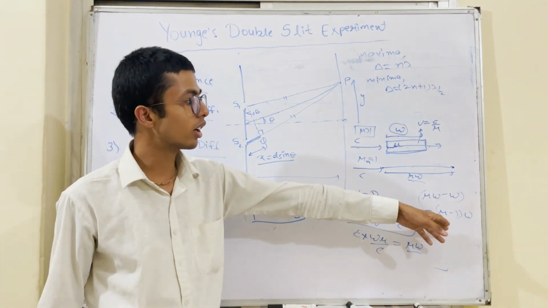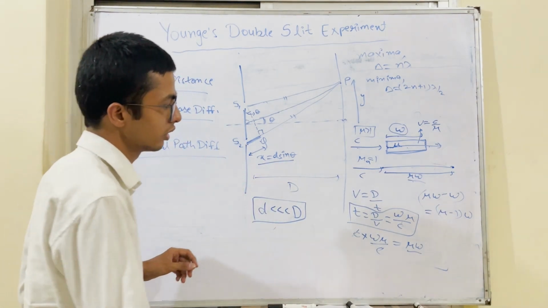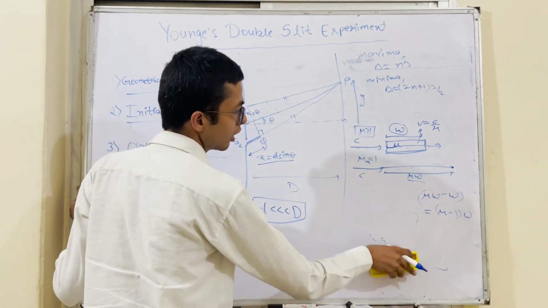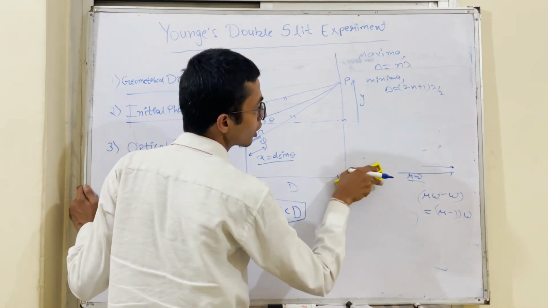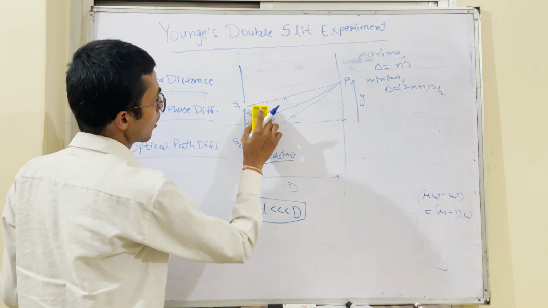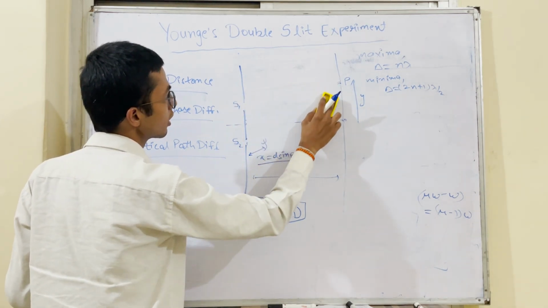So that is causing path difference here. So why am I explaining this concept here? That is going to come in this YDSE experiment. Okay, this I will use.